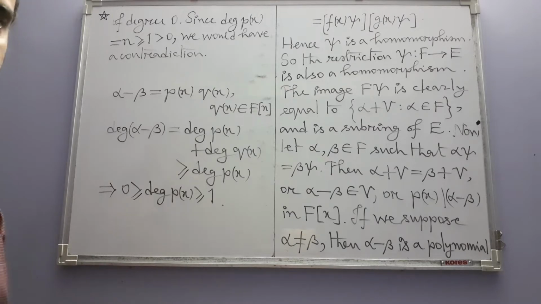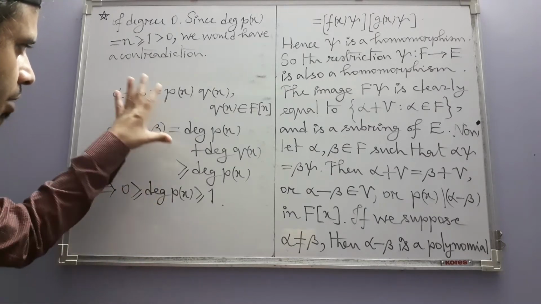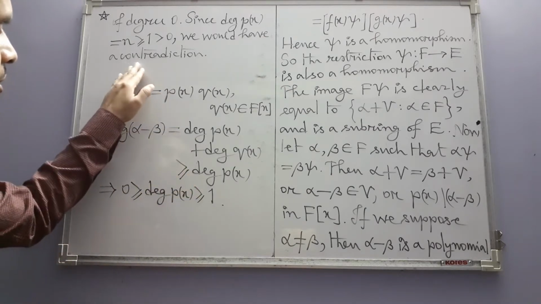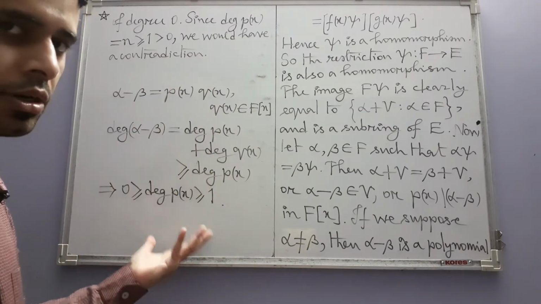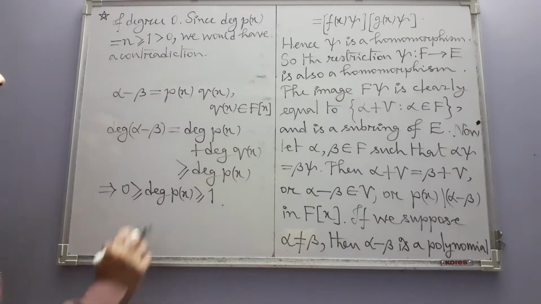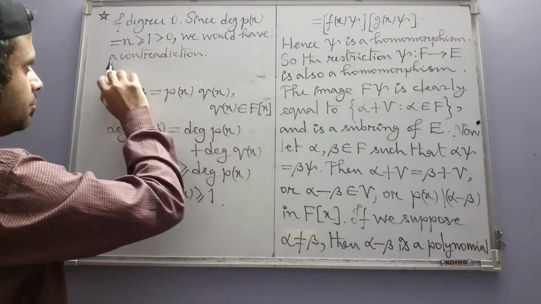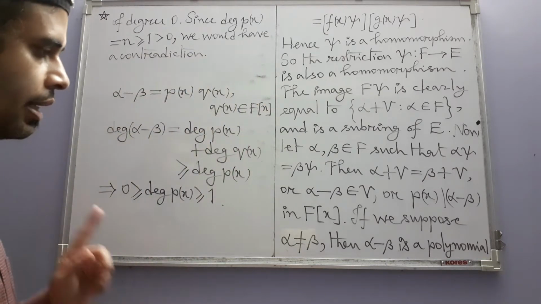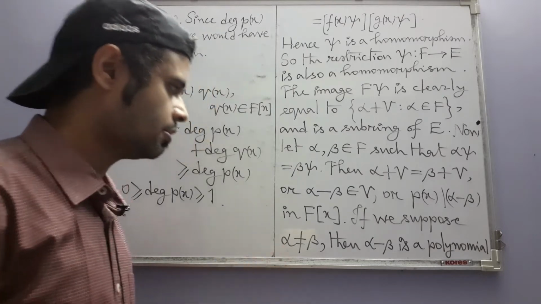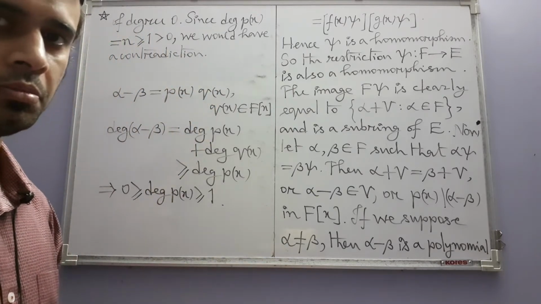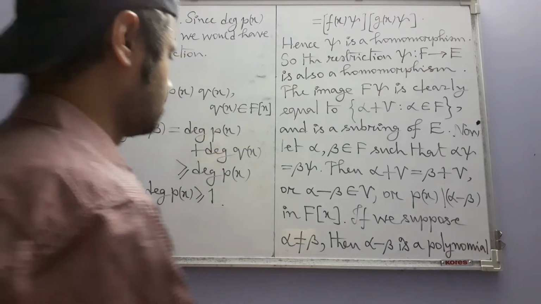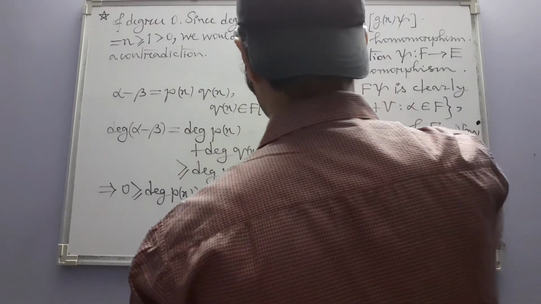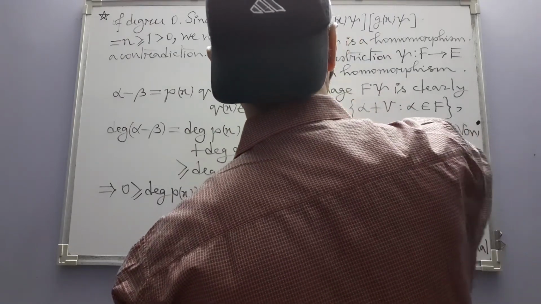That is a contradiction. We don't usually write these details, but it should be there in the background, on our mind. So that's why we directly write we would have a contradiction, and that is why we cannot suppose this. Alpha must be equal to beta. So our supposition is wrong.